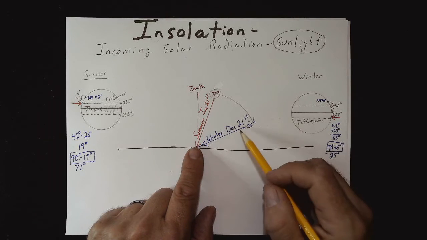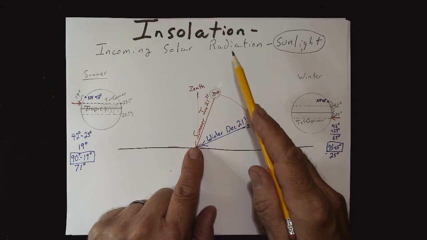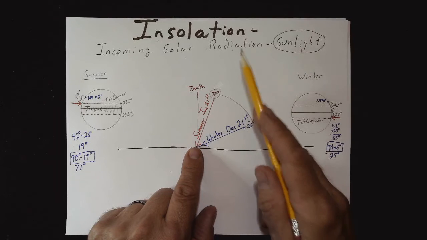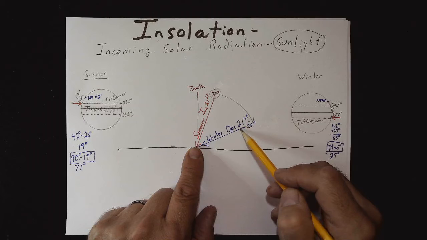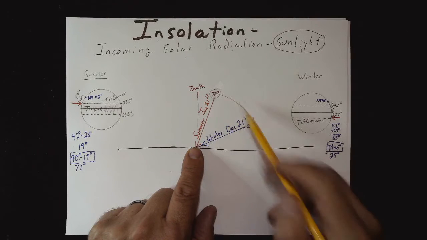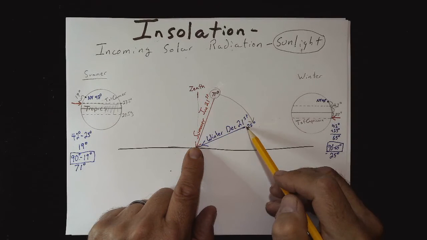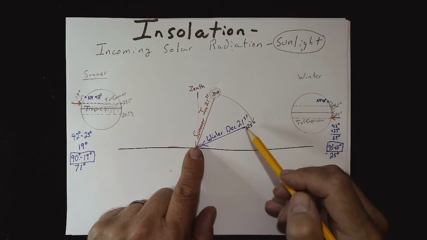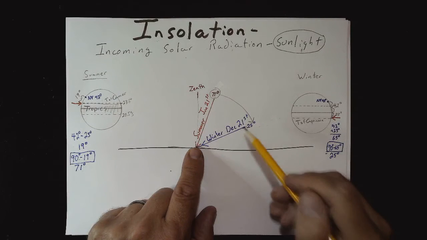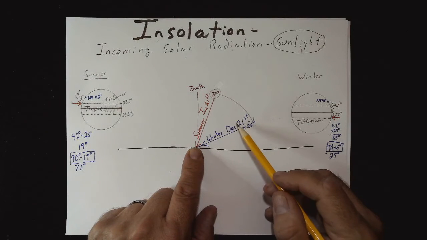So right here, changing the altitude of insolation from June 21st to December 21st, we radically change how much heat we're given. That is one of the major reasons why we have summer and winter.